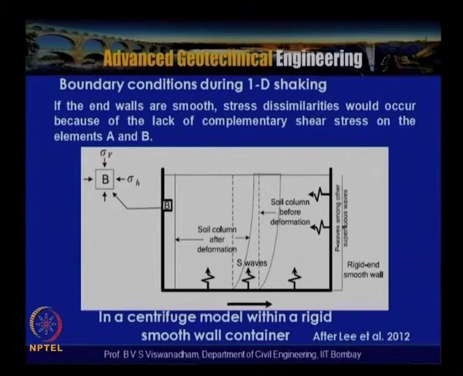Particularly with a rigid container, the container has very high stiffness compared to soil, whereas in the prototype the stiffness is identical, and that also causes a problem. This was resolved with a number of different options that were tried.